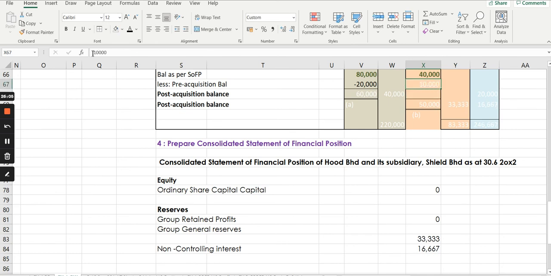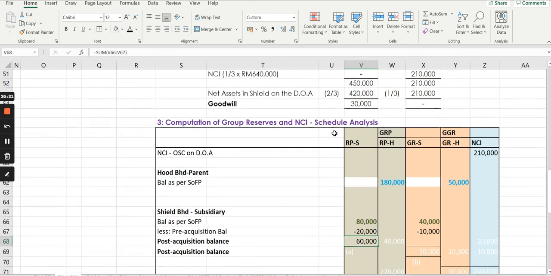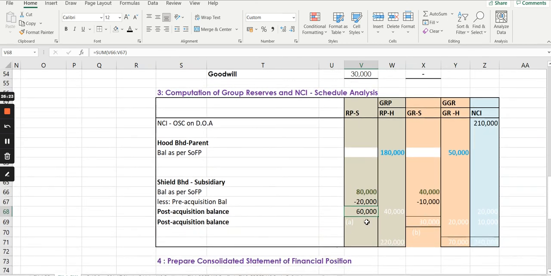That also will be removed because those are the ones that shouldn't be shared by the parent. The result of that is what you call the post-acquisition balance. The post-acquisition balance for the retained profit is 60, and for the general reserve it is 30.